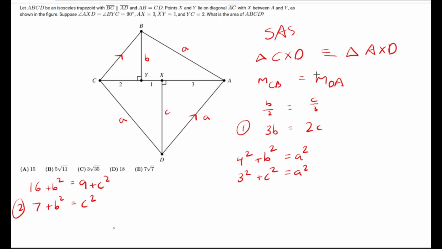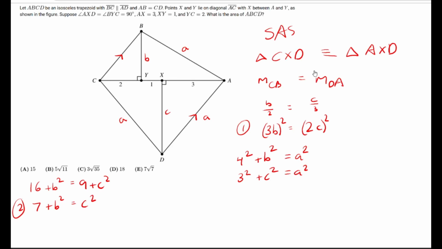Instead of isolating a variable and then subbing it in, I would rather see that this equation only has squared variables. So let's square the variables on this side. So let's just create a new layer, get some more space.